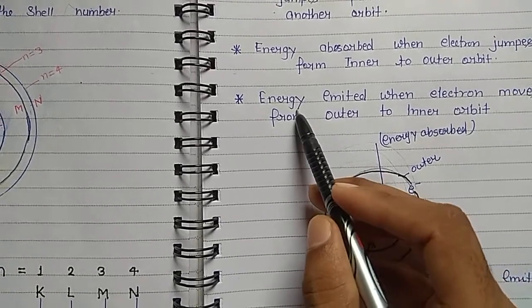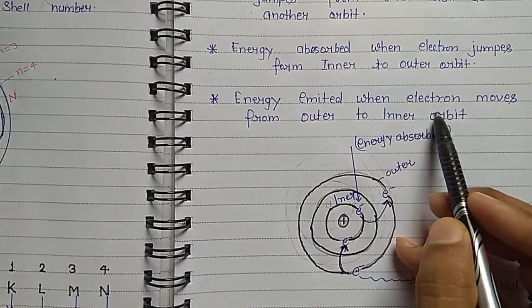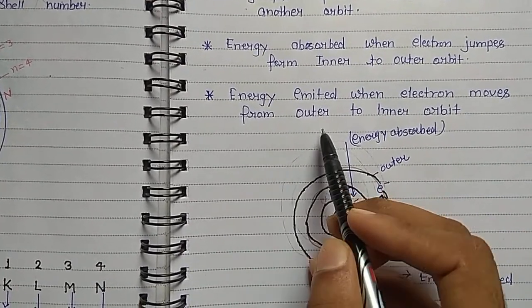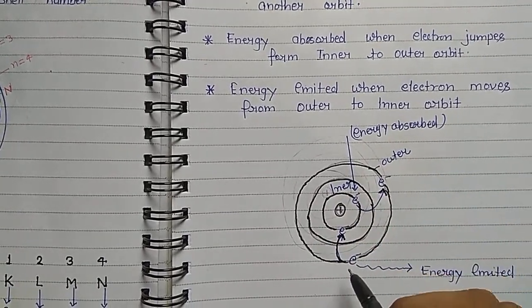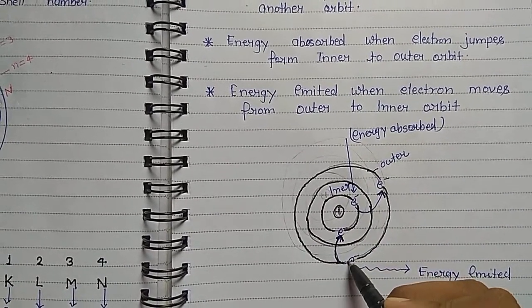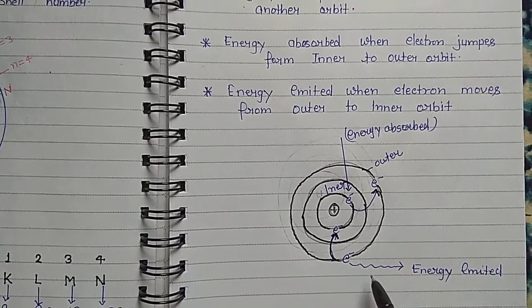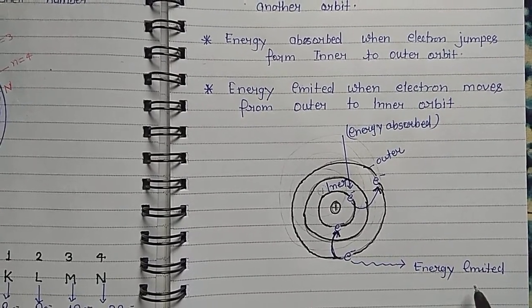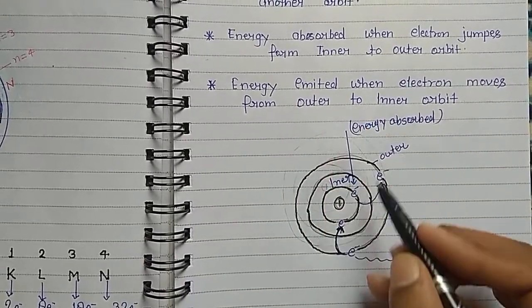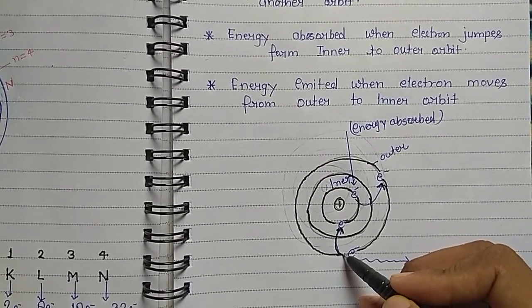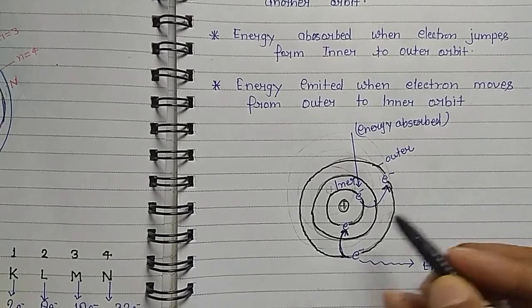But energy is emitted when an electron moves from outer to inner orbit. When an electron moves from outer to inner orbit, the electron emits energy.